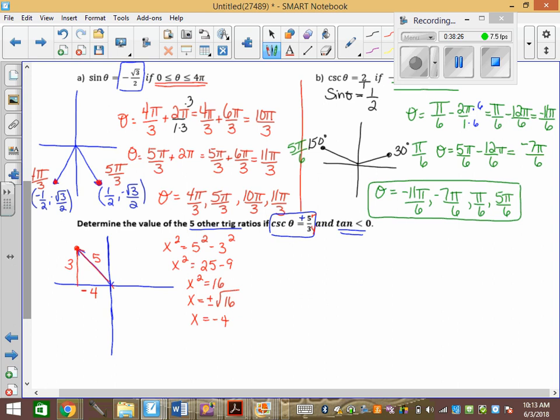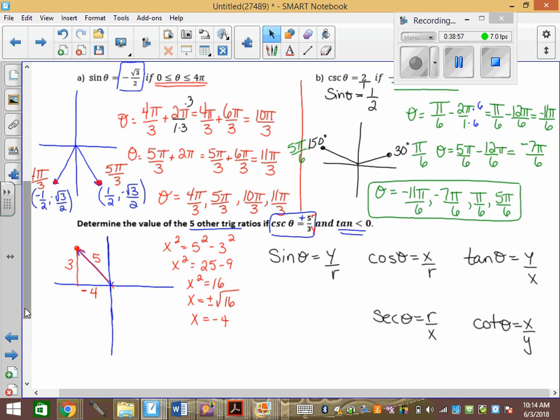Now I can give my trig ratios. So I have sine theta is y over r, cosine is x over r, tan is y over x. And then the besties are the opposite. Cosecant I already have. Secant theta is r over x. You flip answers, you can't flip angles. And then cotan theta equals x over y.